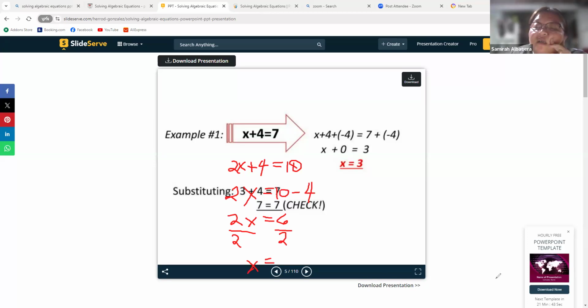Anyone? What is the quotient of 6 divided by 2? Who would like to answer? You can simply write it in the chat box. Tristan, what is the answer?